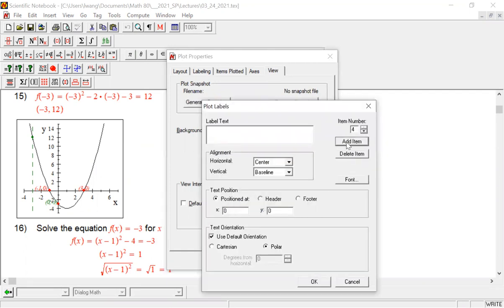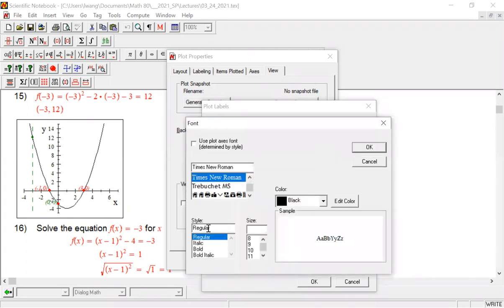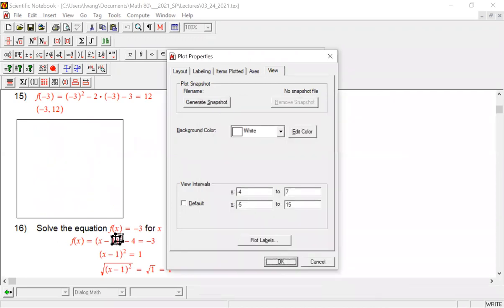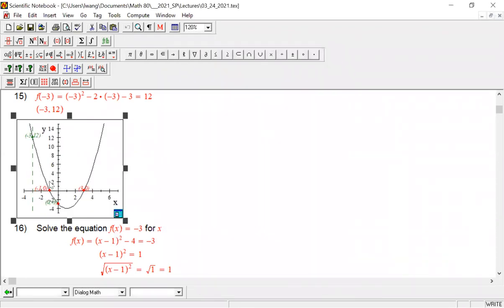Has it become easier for everybody, guys? -3, 12. So let me take a leap of faith to see if this will work. Okay, that's a green. Come on, give me the point. -3, 12. That's pretty good, right?